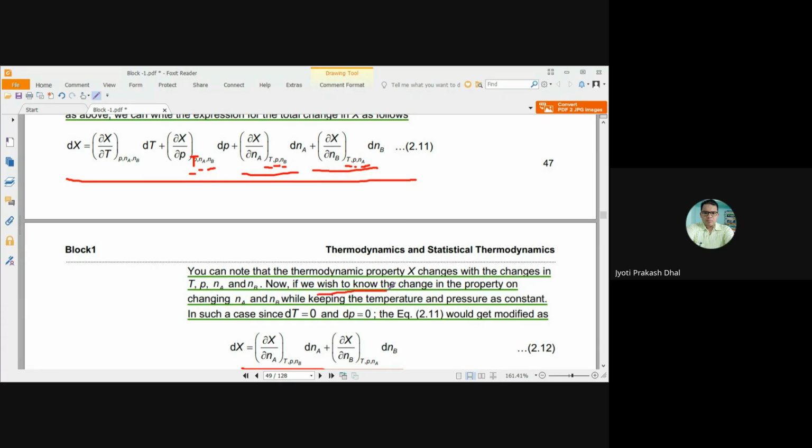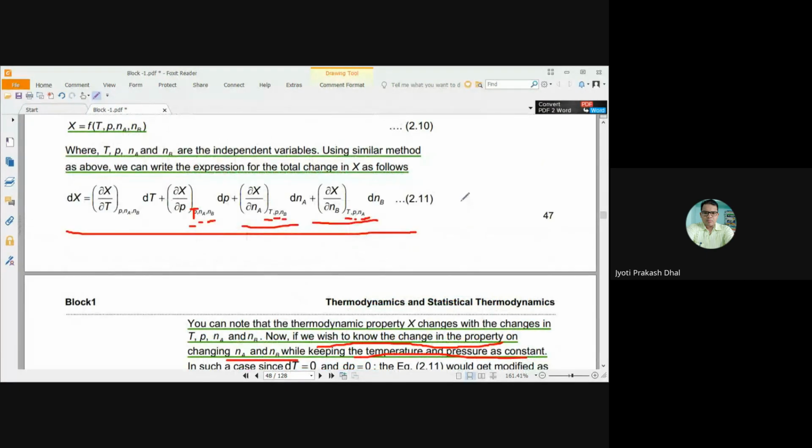Now, if we wish to know the change in property on changing Na and Nb while keeping temperature and pressure constant: whenever we do any type of experiment in the laboratory, that means in an open system, the temperature and pressure are constant. So the first two terms will cancel out, dT will be 0 and dP will be 0.